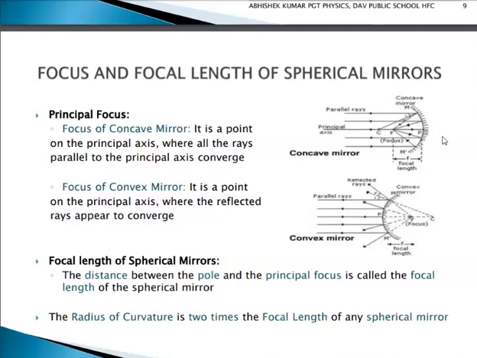Principal axis is an imaginary line passing through the center of curvature and pole of the mirror, and is virtually extended up to infinity on either side. This is called the principal axis. Principal axis is always perpendicular to the reflecting surface. Therefore, the principal axis itself acts as a normal.